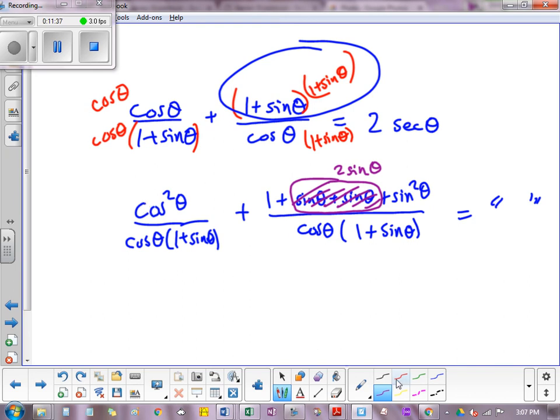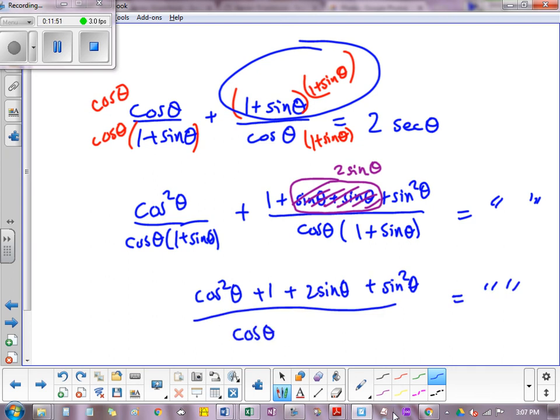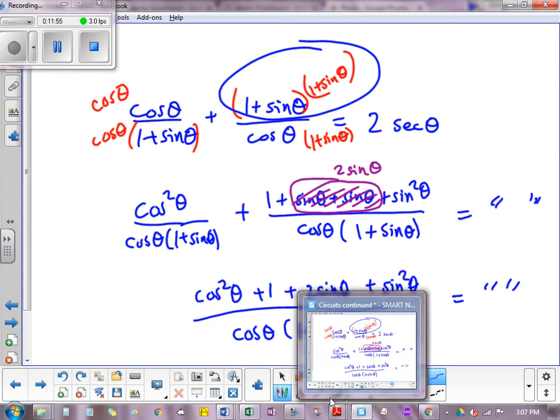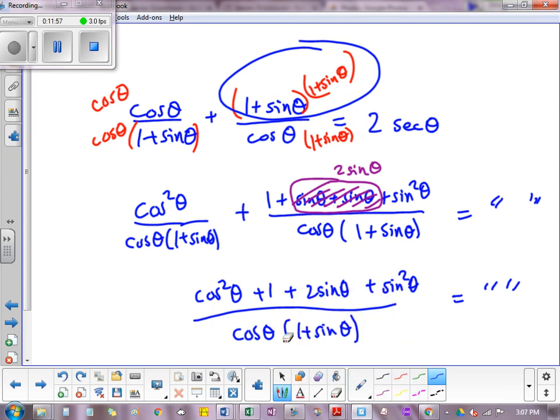Let's join the tops together because we have a common denominator. So we have cosine squared plus 1 plus 2 sine plus sine squared. And then there's this denominator, cosine times 1 plus sine. Now you might say, why don't you distribute that denominator, Mr. Shore? Because I have a funny feeling that this 1 plus sine is going to cancel eventually.